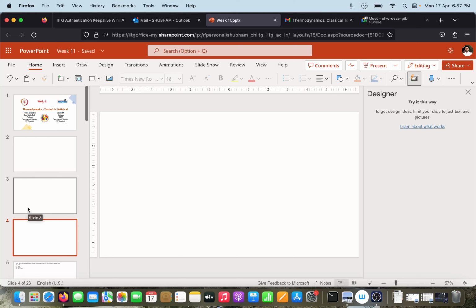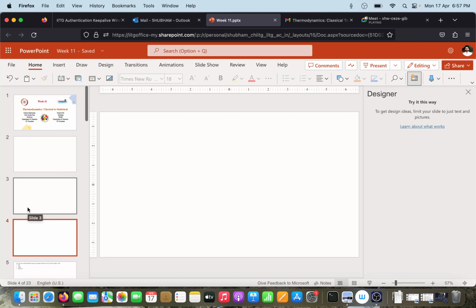Cp is delta H upon N delta T. So delta H is 229 joule, N is 3, delta T is 2.55. Okay. So just calculate it quickly. 229 divided by 3 divided by 2.55, this is 29.9 joule per Kelvin per mole.